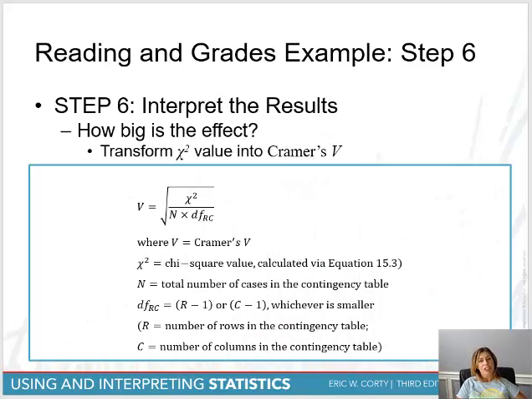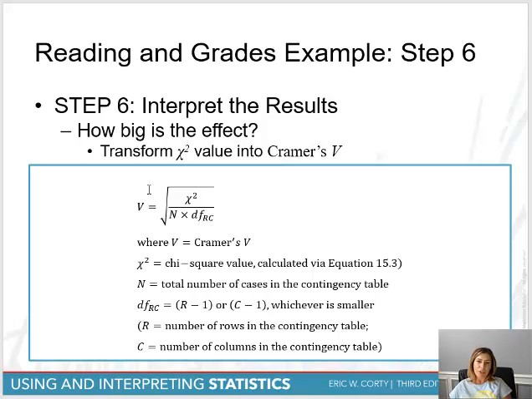So now we're going to do the effect size. So what is the impact of reading before or after class on your grade? To do that, we're going to transform our chi-square into something called Cramer's V. Really easy to do because we just go into the data we've calculated and plug it into a new formula.